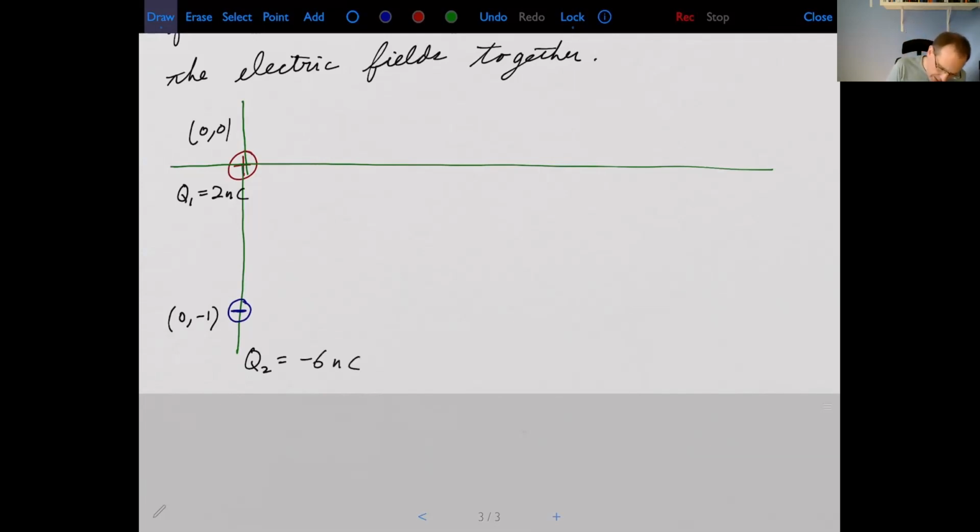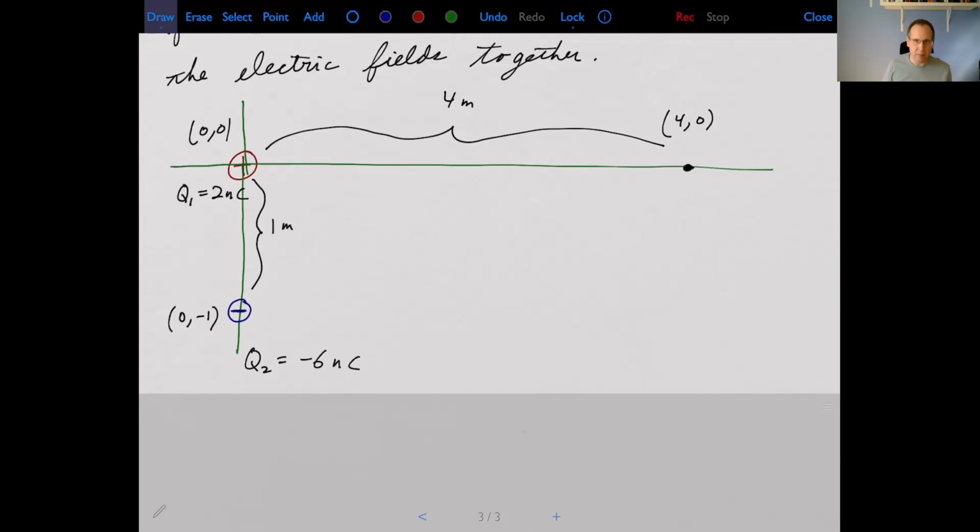So basically the distance from here to here is 1 meter, if it has coordinates 0, -1. And then let's say I want to calculate the electric field at some other location, maybe right here. And this location I'll say is 4, 0. So that means this distance is 4 meters.